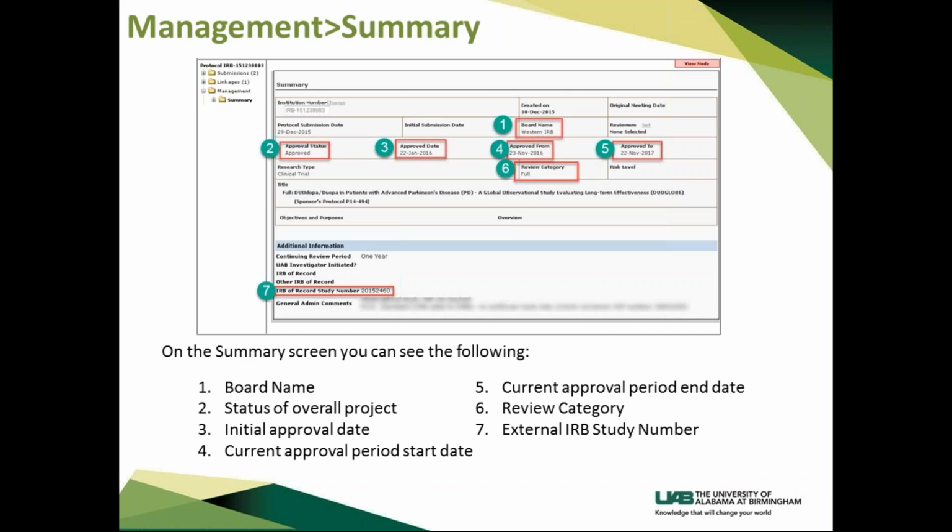Nope, that's not there. Expedited, full, no human subjects, it'll be your determination what type of review it is. And then down here at the bottom, if you're looking for a WIRB number or another external IRB's number, that's where you'll be able to find that information.